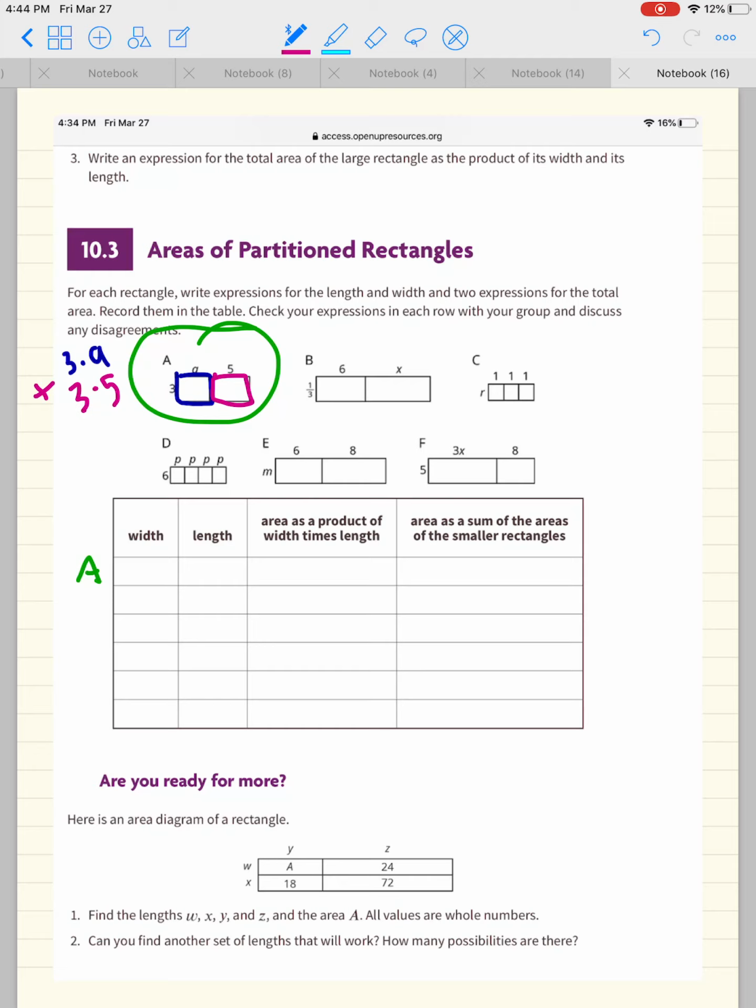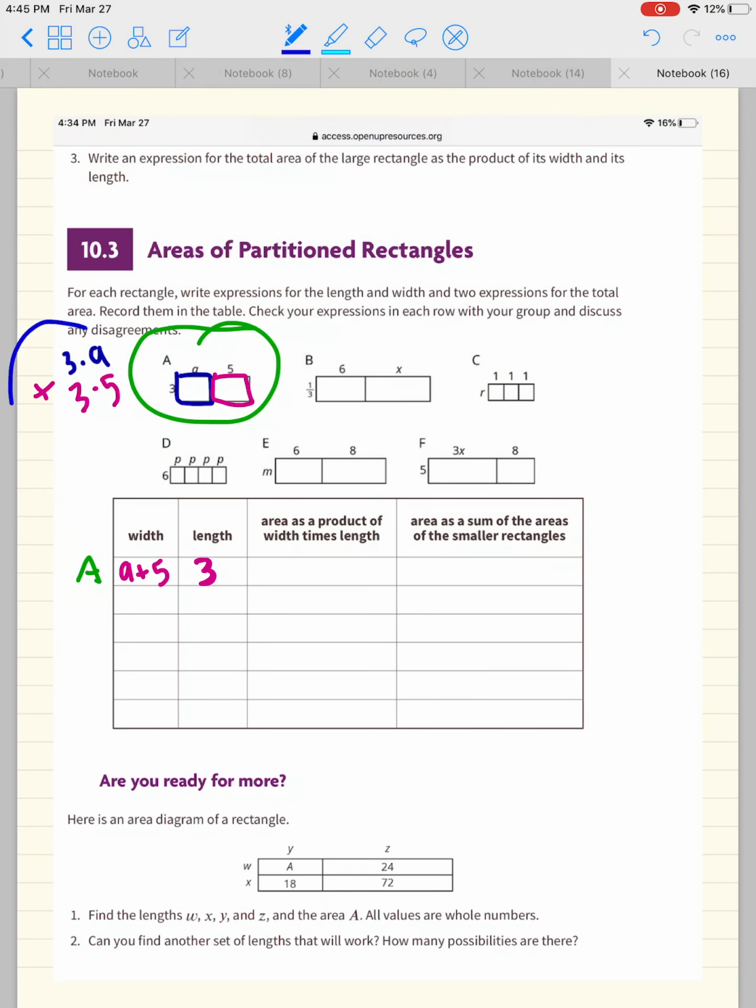So you're adding together 3 times A plus 3 times 5. So now, recording in the table, your width was A plus 5, and your length was 3.